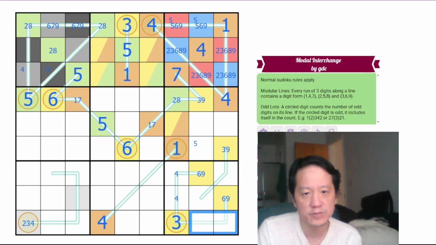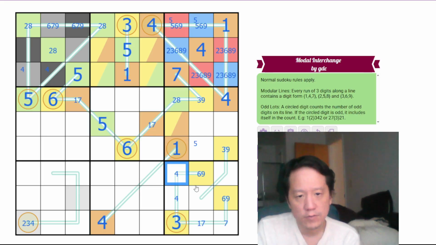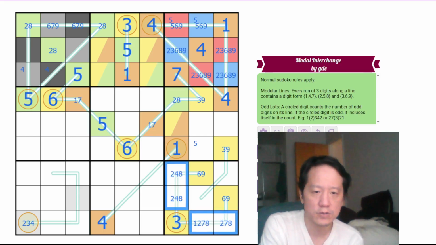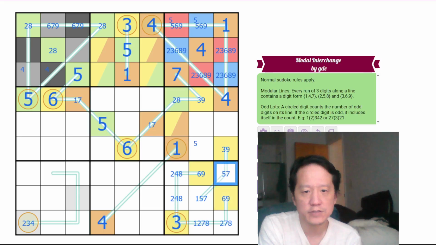So 7 has to be one of these. And this can't be 1. We have 3, a 9, and one of 1 or 7, which means this has to be 2 and 8 here. Which means 5 is one of these with 1 or 7. And this can't be 1.